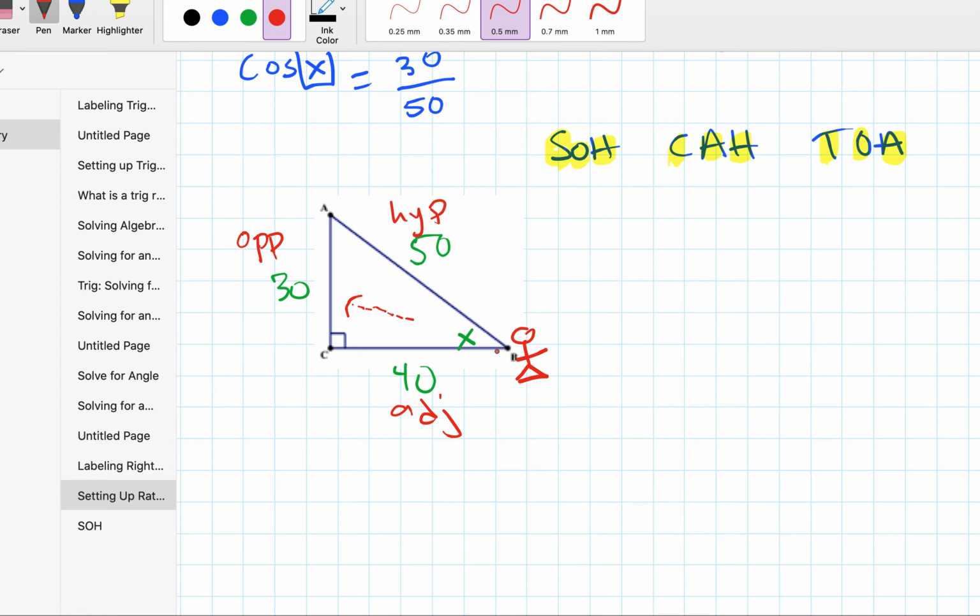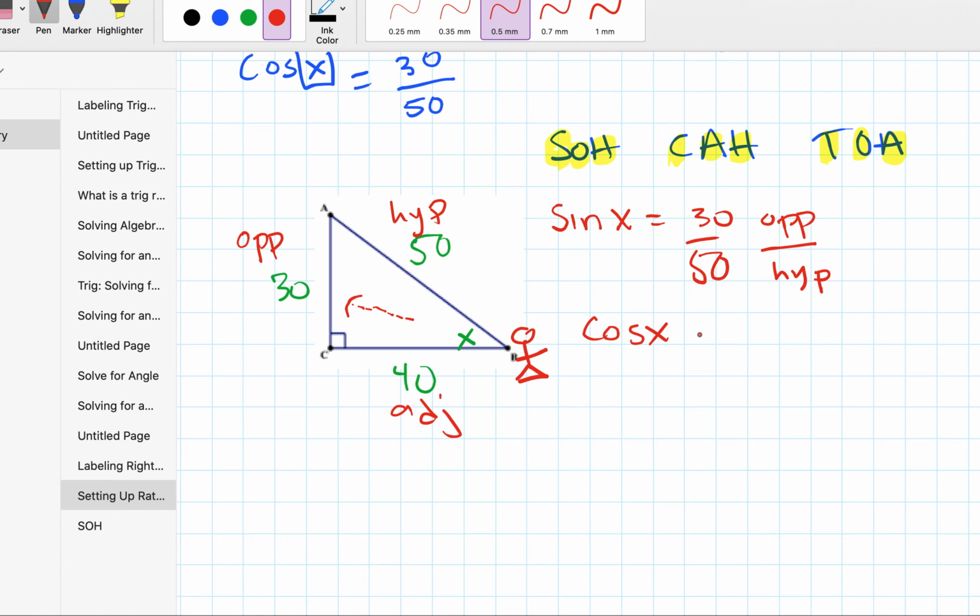So now that we're on the bottom, our opposite is 30. So we'll say sine of x, the angle, will equal 30 over 40. Cosine of x will equal the adjacent, or 40, over 50. Oh, let's go back a moment. The 30 was our opposite, and I accidentally put the adjacent there, so we really want our hypotenuse.